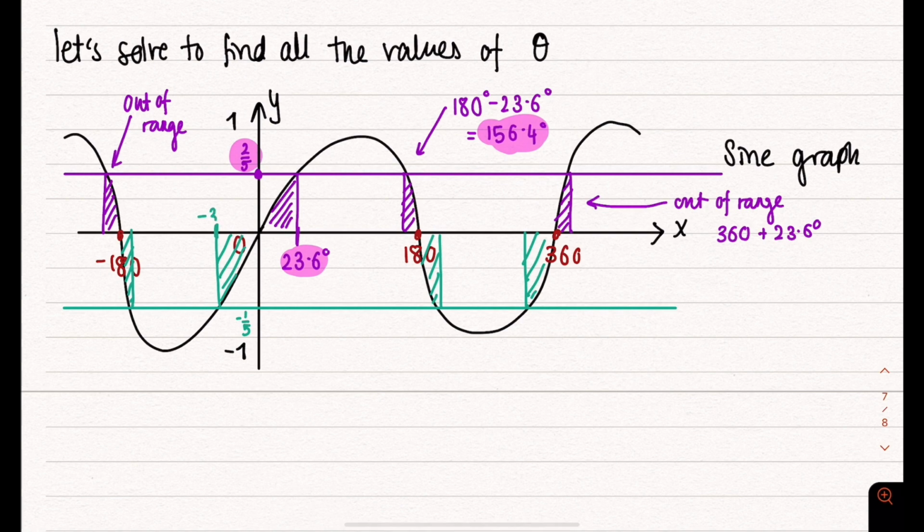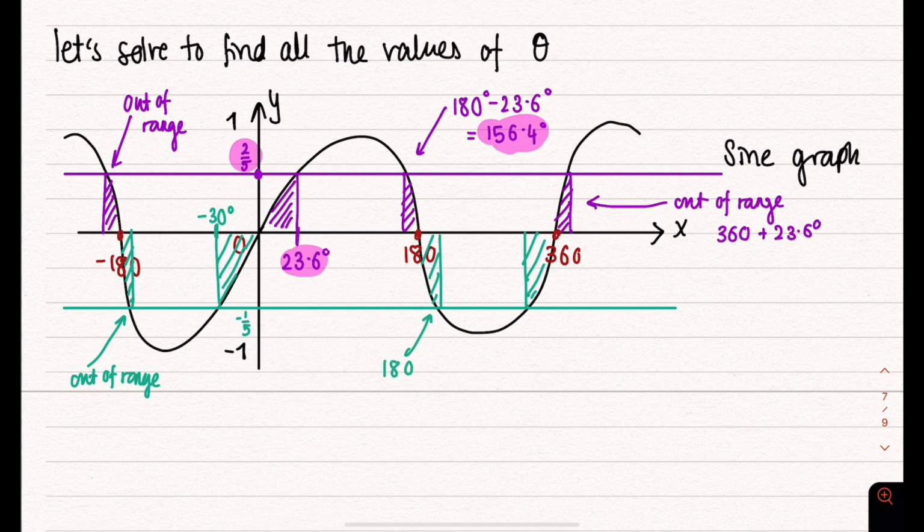So let's begin with this point. We know that this is equal to minus 30 degrees from what we found above. So now the section shaded in is equal to 30 degrees.